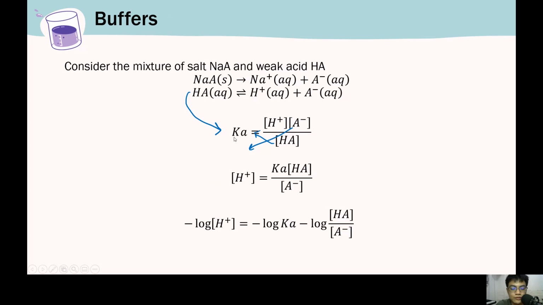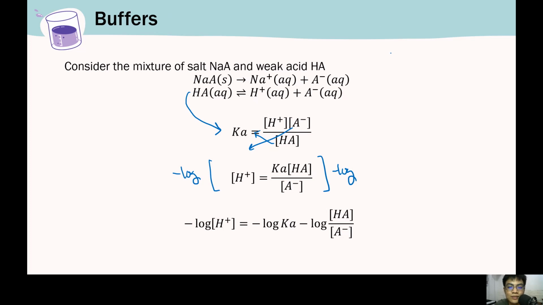And now, what I'm going to do next is I will apply negative logarithm on both sides. Okay? So, apply ako ng negative log on both sides. Okay, what will happen? So this will be negative log of H plus. And ito, pwede sila maghiwalay, right?